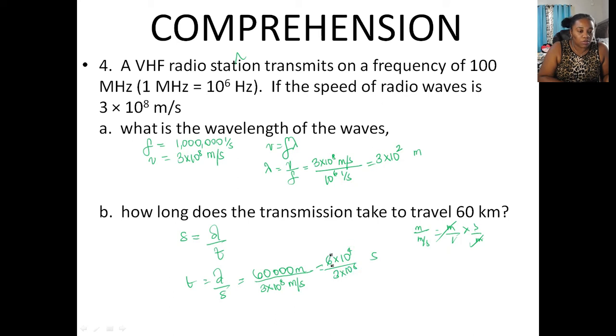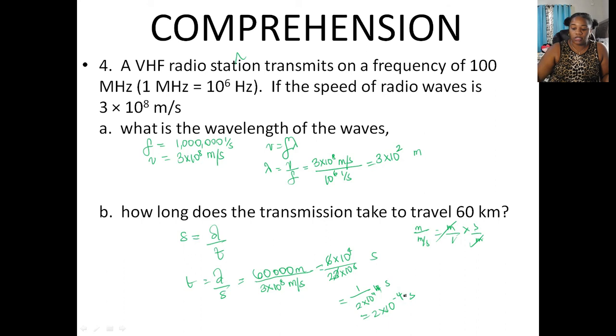And you're going to end up with 1 over 2 times 10 to the 4 seconds, which is actually 2 times 10 to the negative 4 seconds.